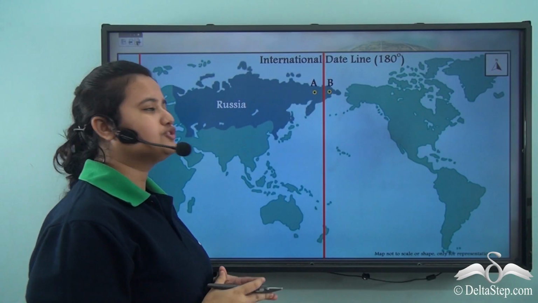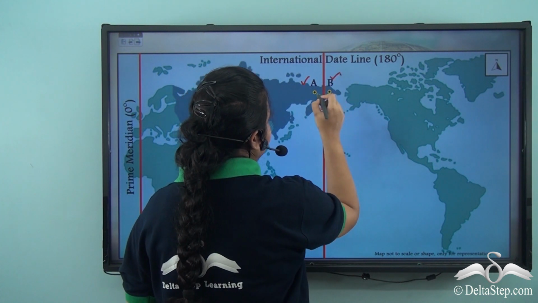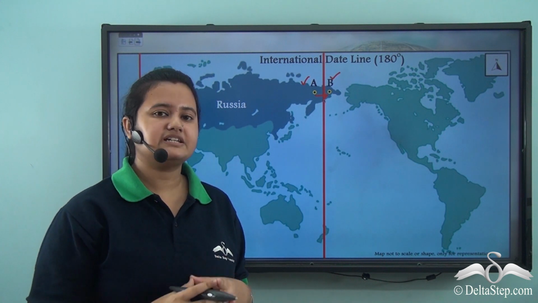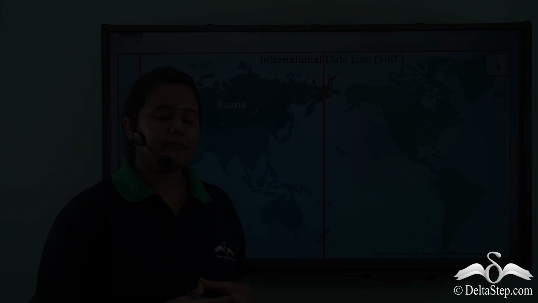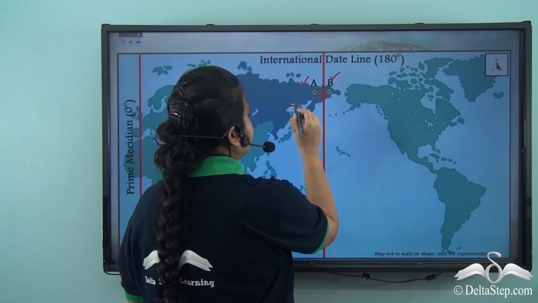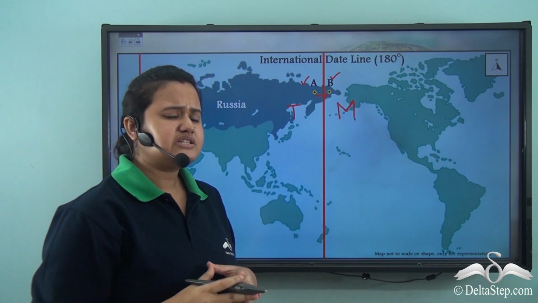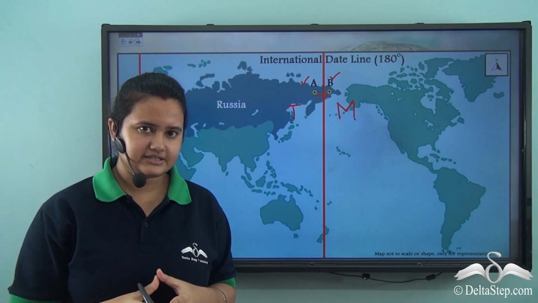Now suppose you are traveling from city A in Russia to city B. According to the concept of the international date line, although your time will remain the same, the date will change. That is, your Tuesday will become Monday. Now this will create a lot of confusion within a single country, isn't it?